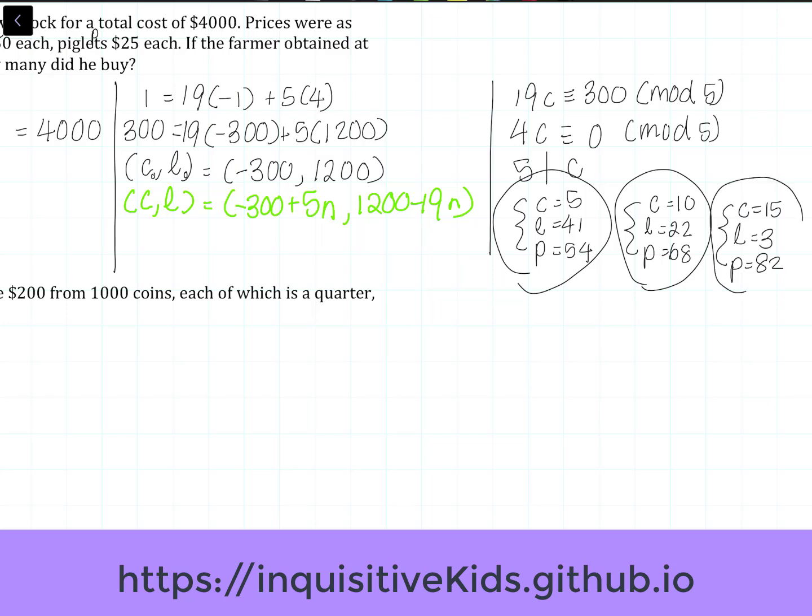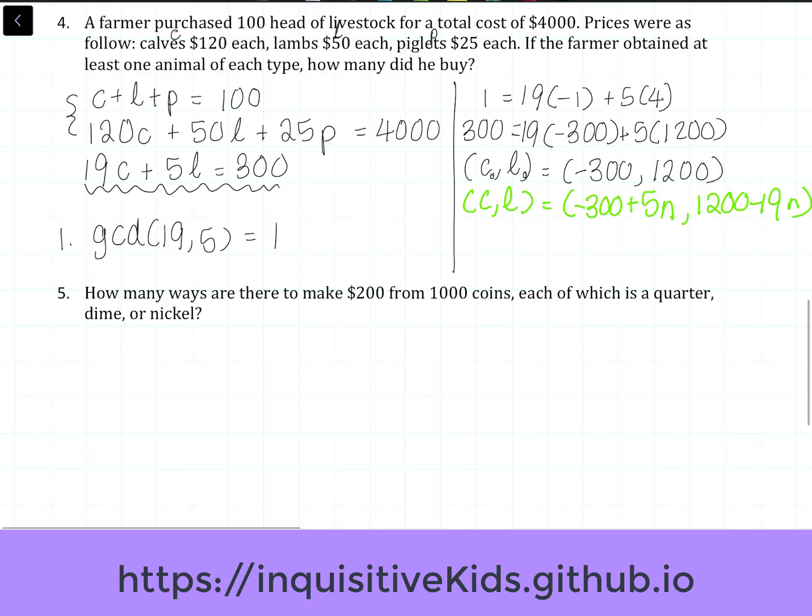Now these are the three possible solutions, because if we went any further, L or P would not be answers that made sense. Remember, they have to be greater than 0 and a whole number. So these are the three solutions for the fourth problem.